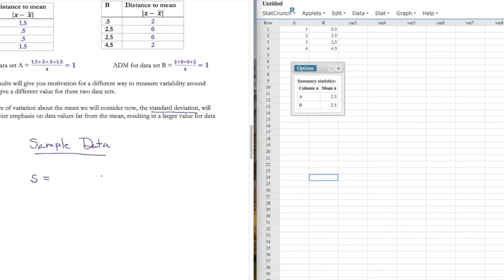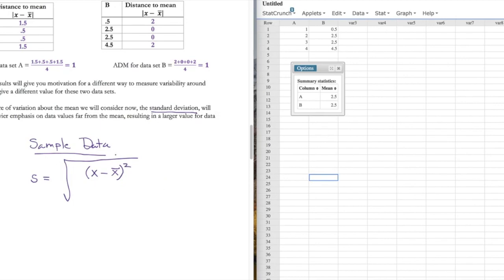And what we're going to do is find all of those deviations to the mean. Each piece of data X minus the mean X bar. But rather than doing the absolute value to take care of those negatives and positives like we did before, we're going to square them, and then at the end we'll have to square root everything to undo it.